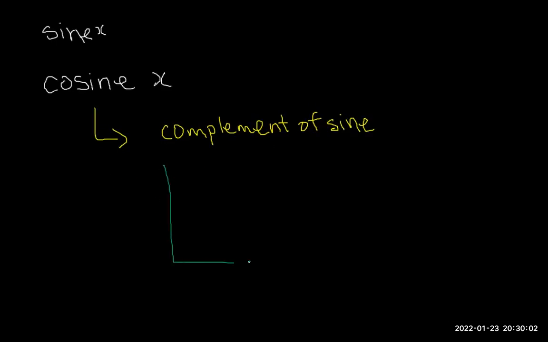So if I have this and I told you that this angle here is 30, what would be this angle? If this whole thing is 90 and this angle right here is 30, what would be this angle? 60 degrees. Yep.